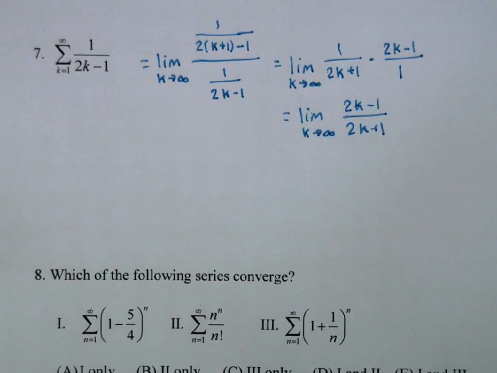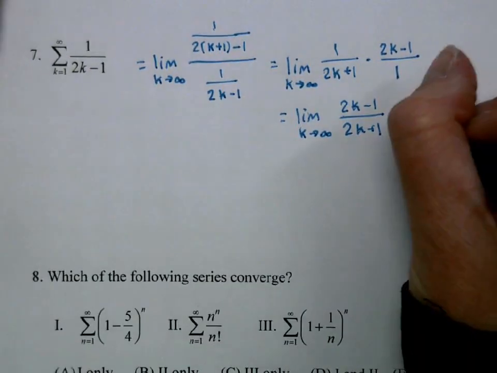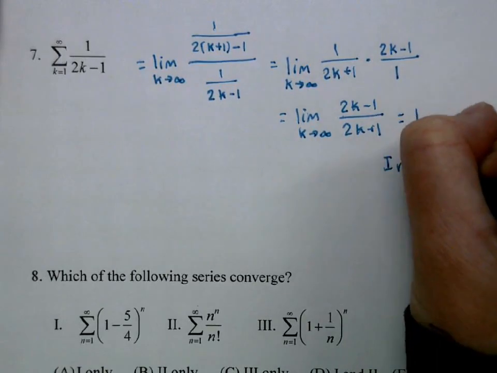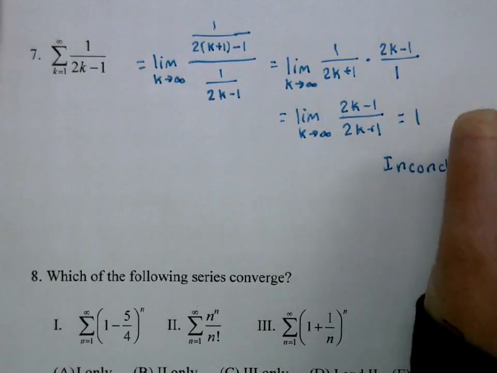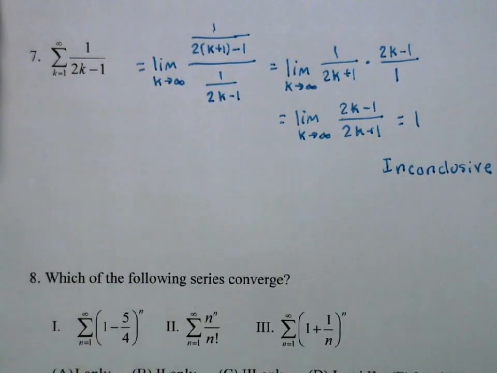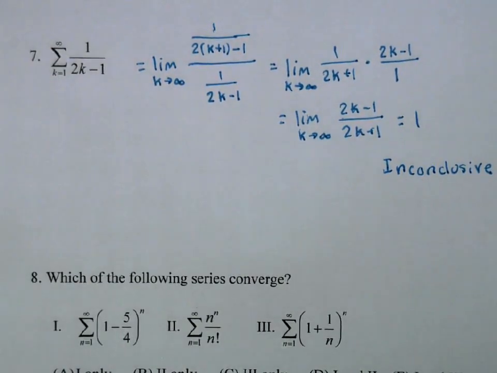Degree is the same on the bottom, so we get 1, which is inconclusive, which means we need to do a different test. We will learn about the comparison test is really how we'd handle that one, because it's closely related to the harmonic series. But if you get 1 from the ratio test, it is inconclusive.